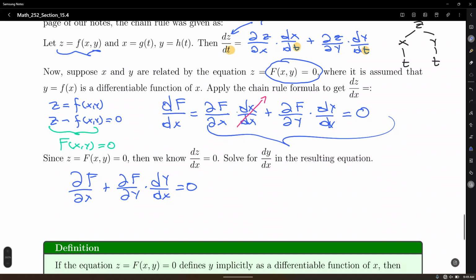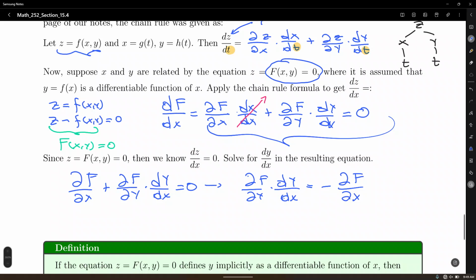So number one, I'm going to move this df dx to the right hand side with the opposite sign. That is df dy times dy dx equals negative partial of f with respect to x.